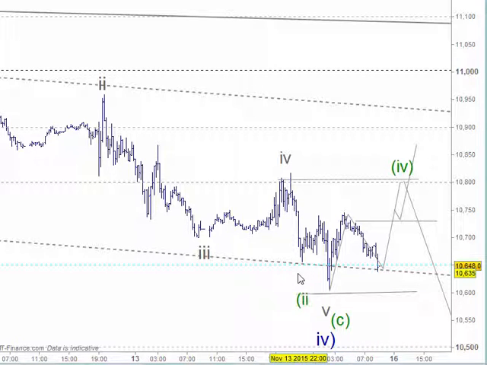I know that's a little bit complicated, but until we've got this wave 4 here as support over here, then there's still risk in the game here. So 10.8 would be the real catalyst and the change in trend as such.